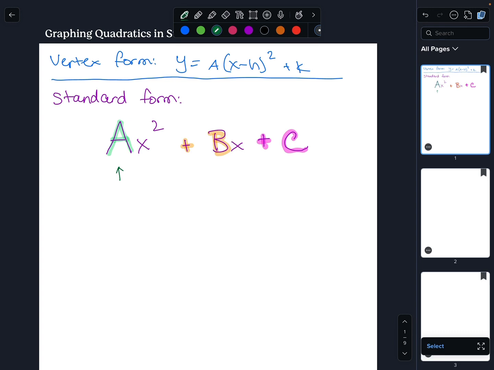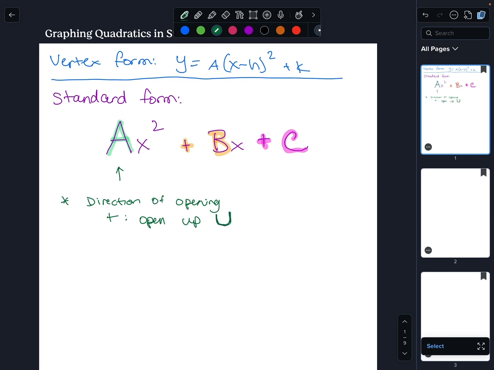A does a couple of things. The first thing a tells us is the direction of opening. If a is positive, that means you have an open up, and it looks like that.